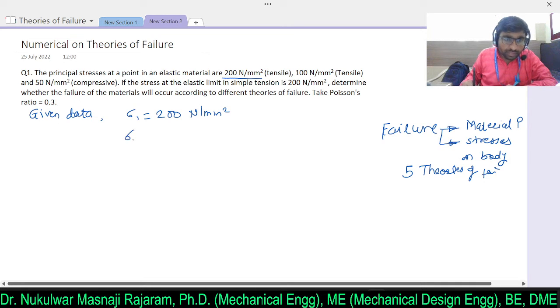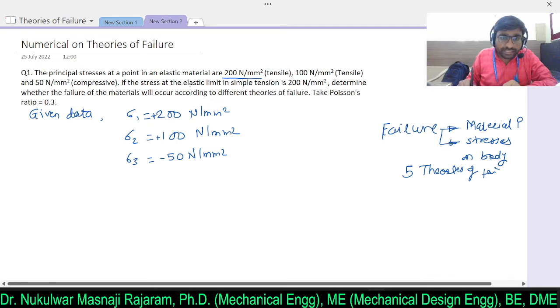Second, sigma 2 is 100 Newton per mm square, and sigma 3 is also given, its value is minus 50 Newton per mm square. Why am I taking minus? Here all are plus because these two are tensile and this one is compressive.